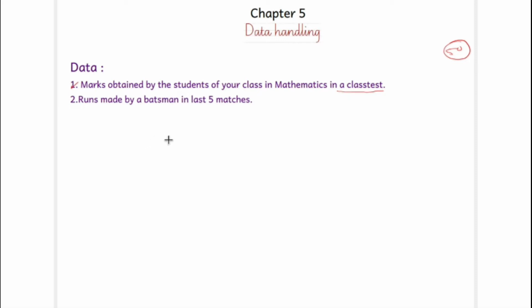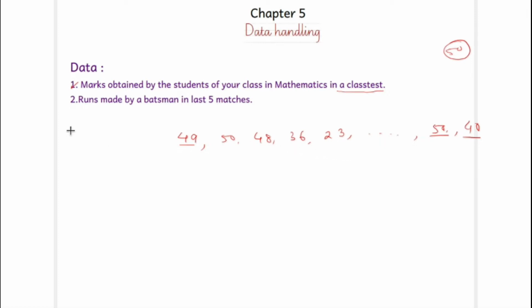So it will have variation: roll number 1 has got 49, then 50, then 48, then 36. Somebody may get 23 who has not practiced mathematics at all. Somebody has got 50, somebody has got 40, like this. These are the many data we will get in a class test. This kind of collection of information is called data or raw data.